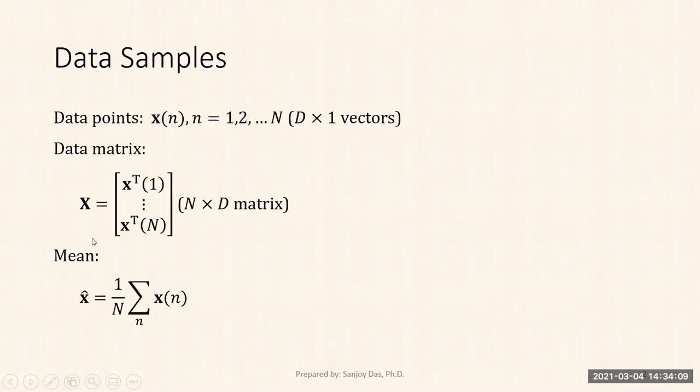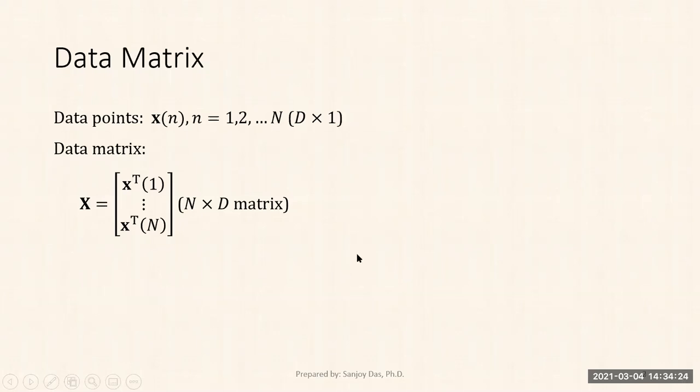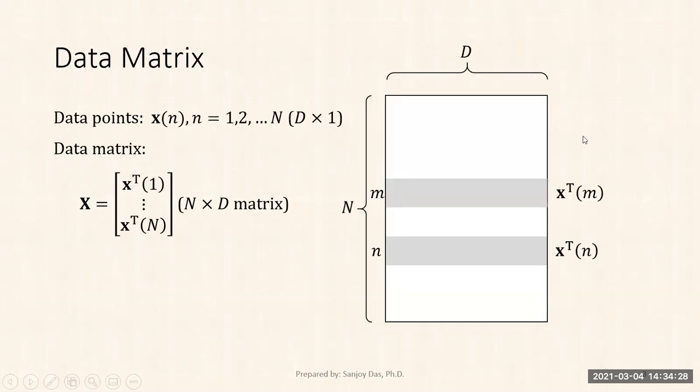Okay. Now, you know that the mean of all these points is 1 over n, since we have n points, of the summation of x_n. Right? So that's the mean of x_n. And this is the data matrix. This is what the data matrix looks like.